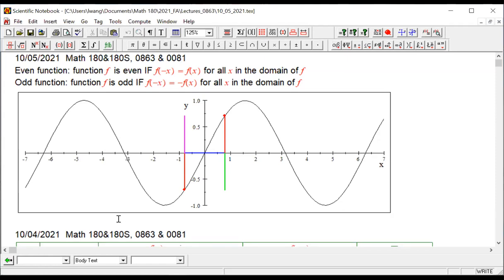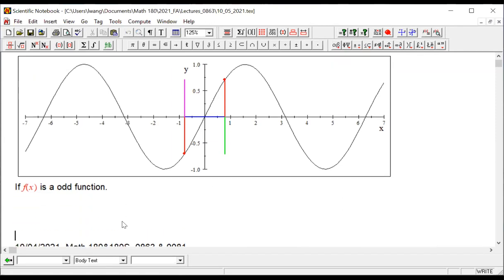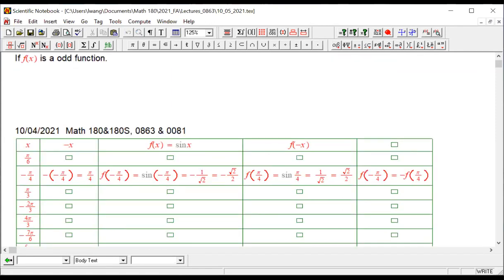If f of x is an odd function. Is it "a" or "an"? I think it's "an" odd function. Am I right? How's my grammar?